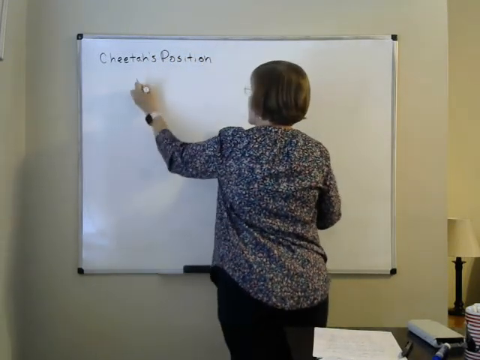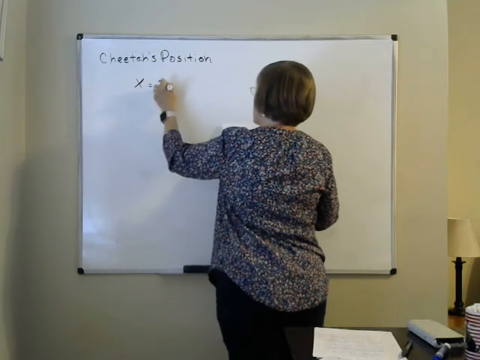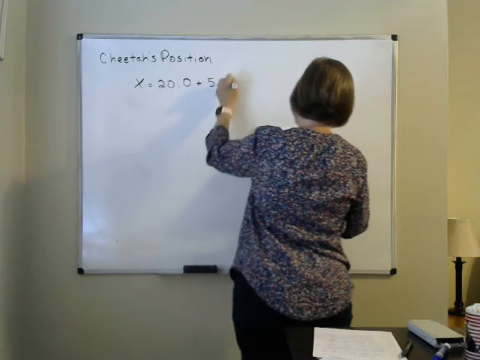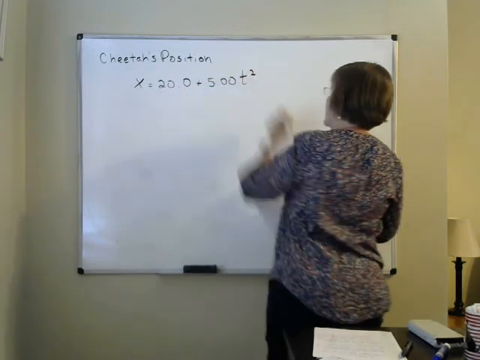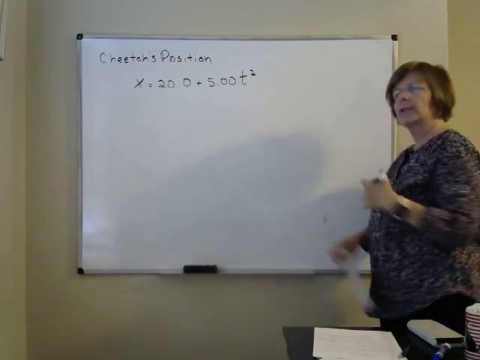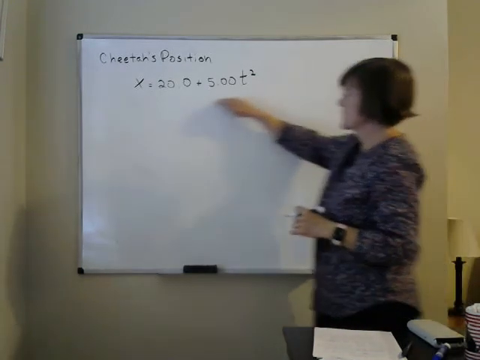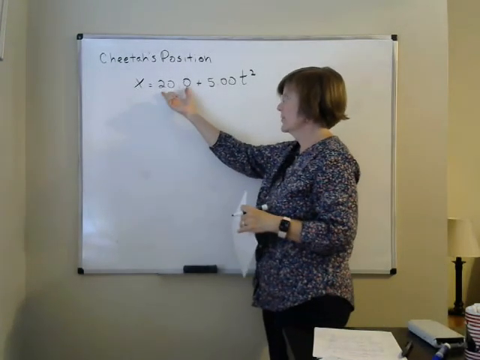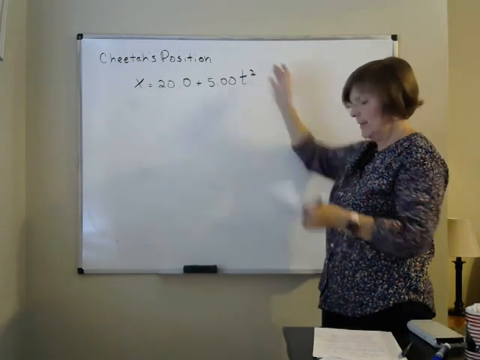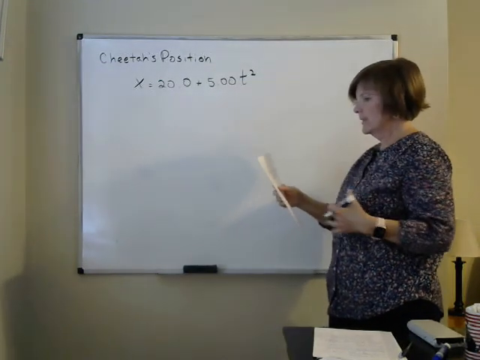It says that x is equal to 20.0 plus 5.00 t squared. And everything is in meters and seconds. I didn't put in the units because I don't want to gobble this up too much. This is 20 meters. This is 5 meters per second squared times the time squared. So everything's in meters and seconds.